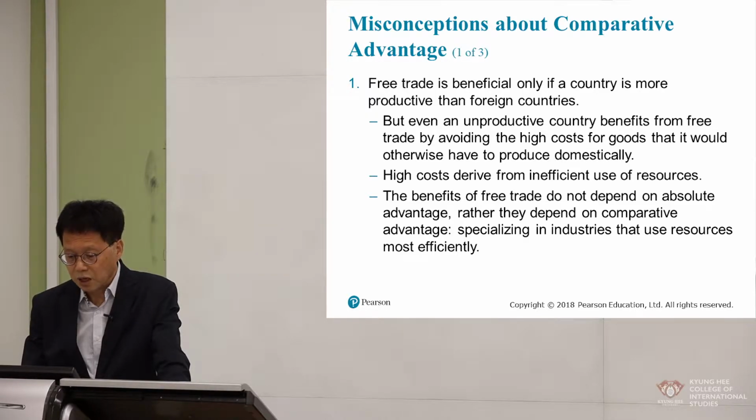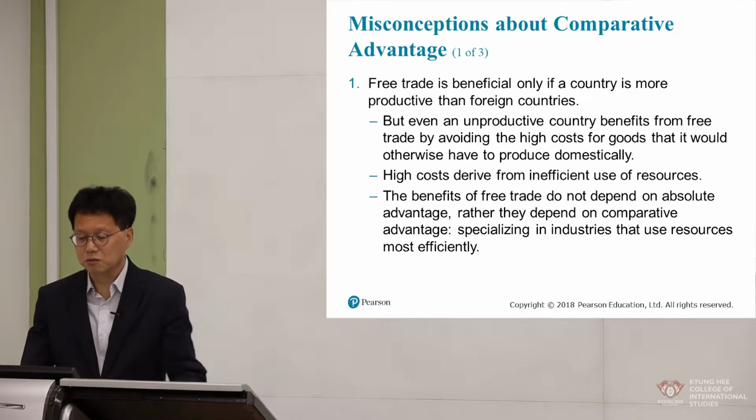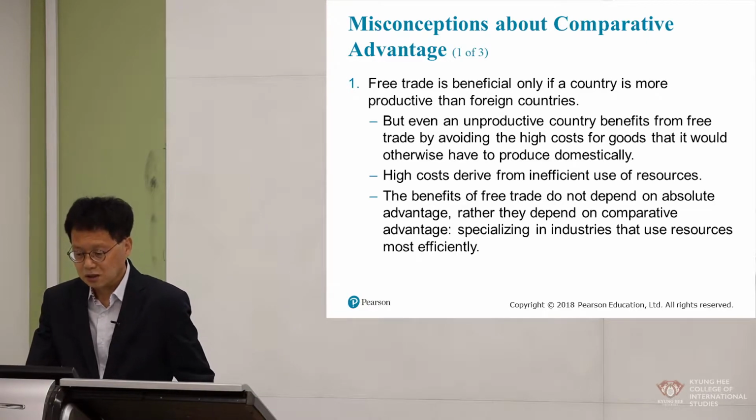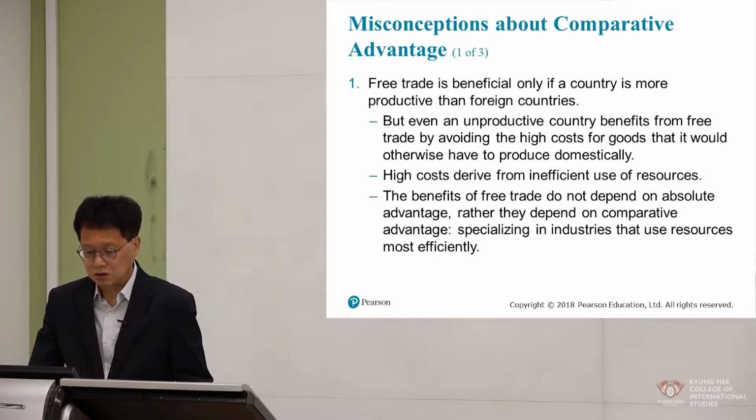Okay? High costs derive from inefficient use of resources and factors. The benefits of free trade do not depend on absolute advantage. Rather, they depend on comparative advantage, specializing in industries that use factors more efficiently. Okay, so the number one misconception is the absolute advantage story.